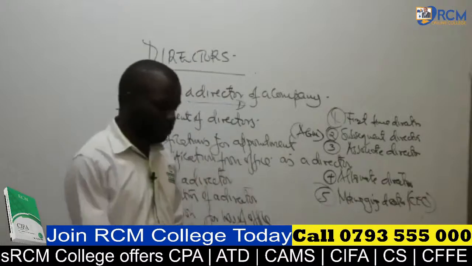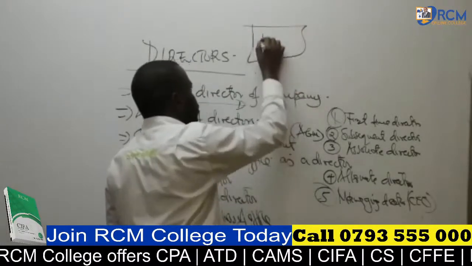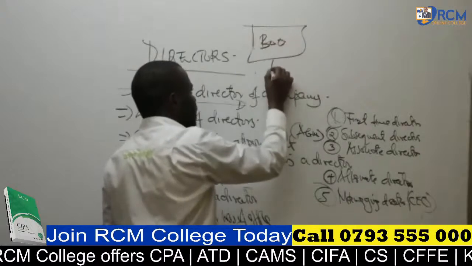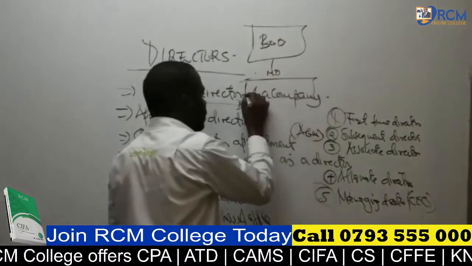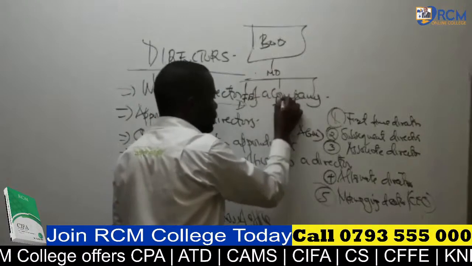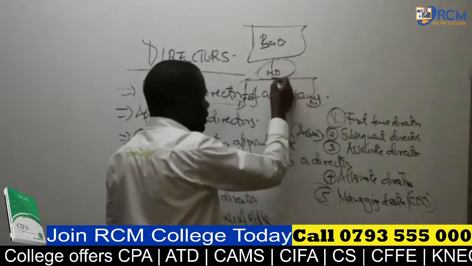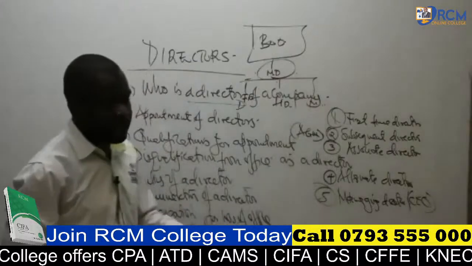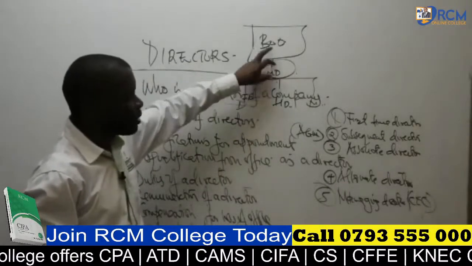That's why in most company structures, you'll see at the top there's the board of directors, then there's a link here, an MD. Then down here, you'll find, for example, financial managers, human resource managers, marketing managers. So they sit under the managing director. He'll act as a link between the company's operations and the board of directors.